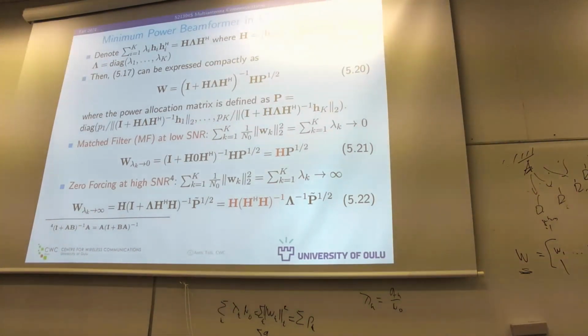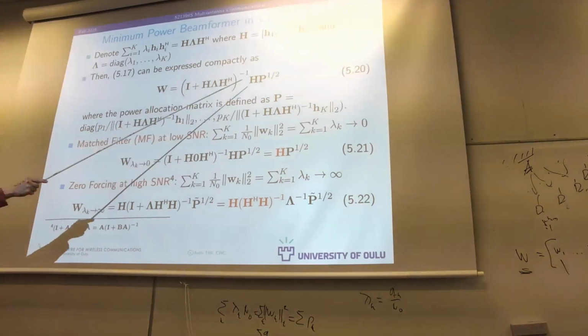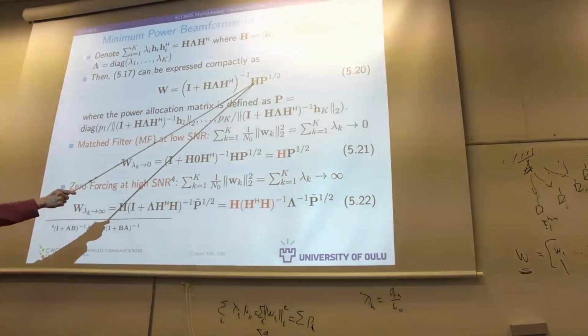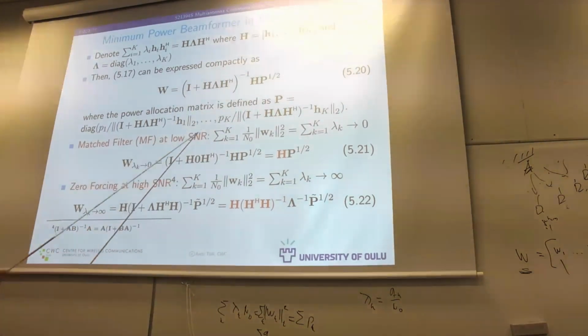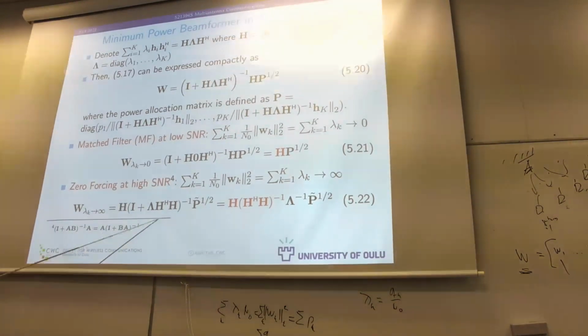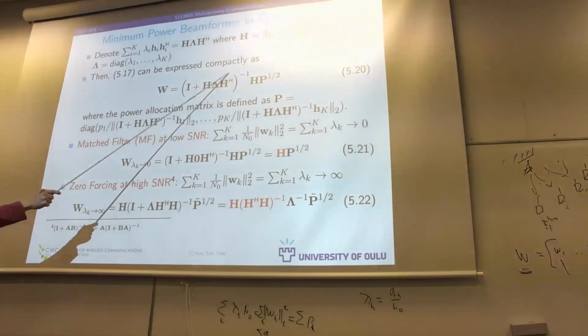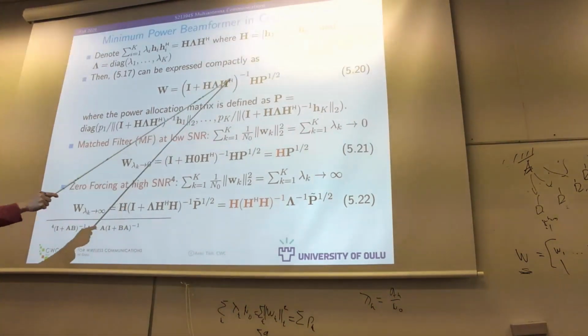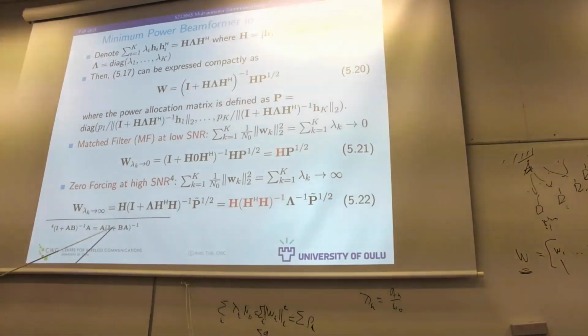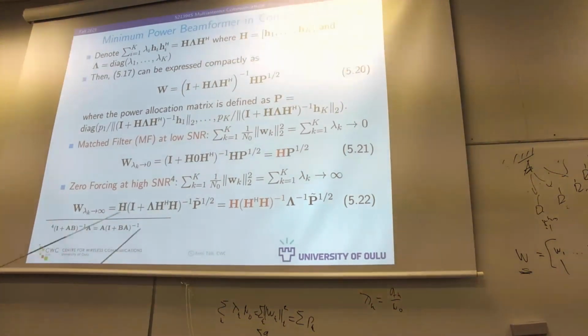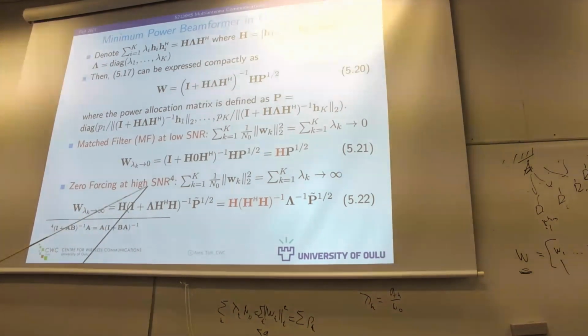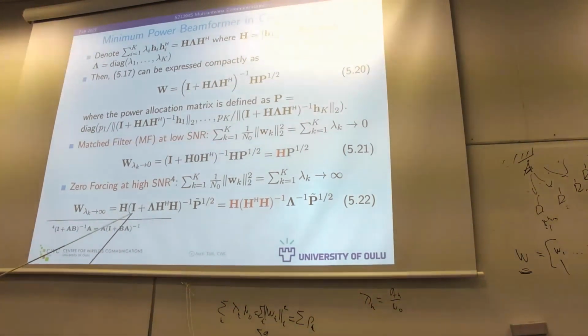So here we assign A goes in here, and we reverse. This one here we assign to be B, which is A. We get lambda H Hermitian times H. As lambda goes to infinity, this term here can be discarded.